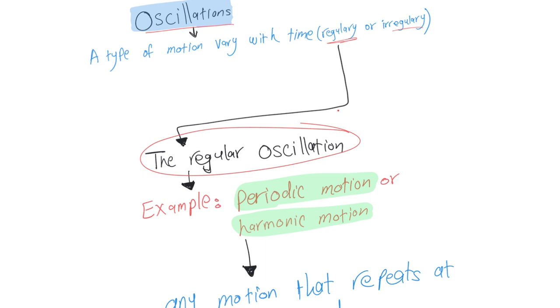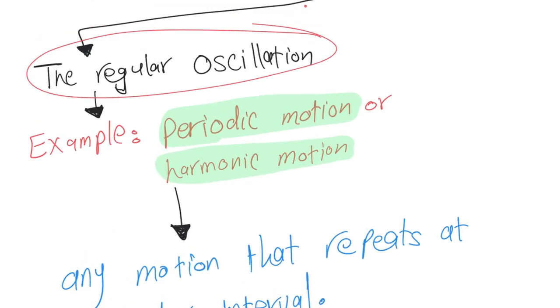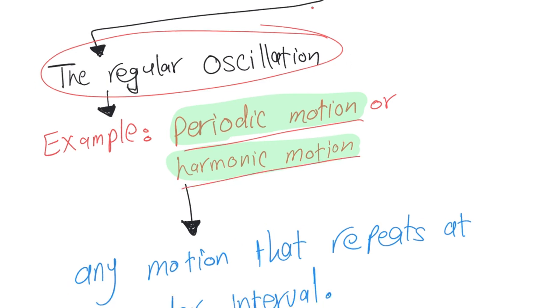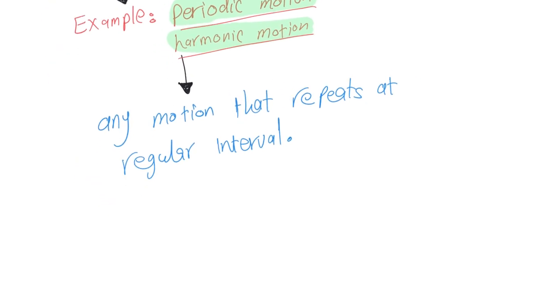And one example of regular oscillation is the periodic motion or the harmonic motion. So what is the periodic motion or the harmonic motion? In a very simple way, it's any motion that repeats at a regular interval.